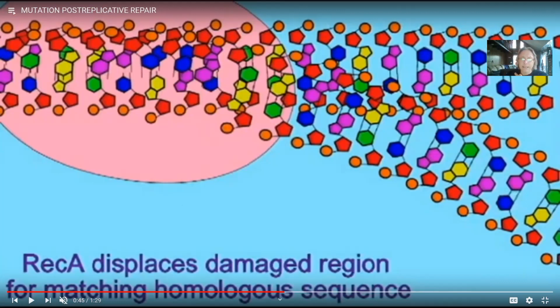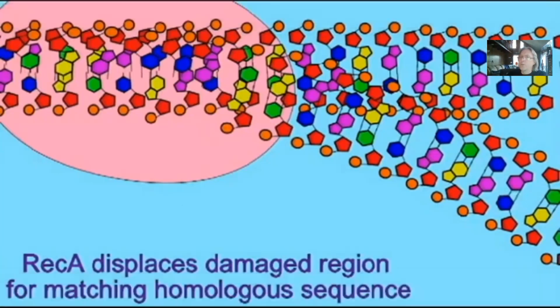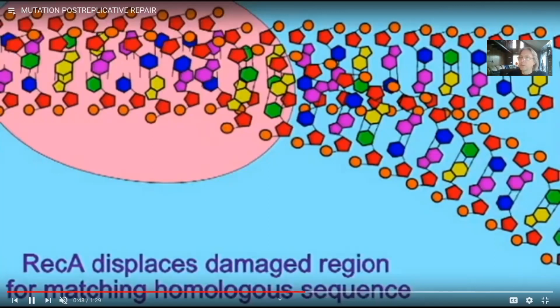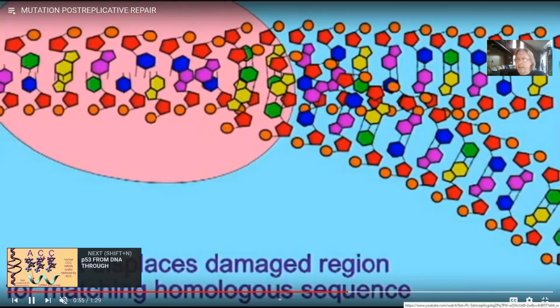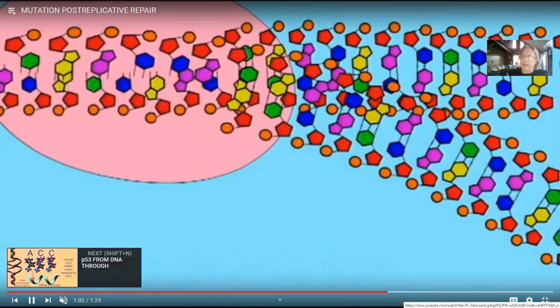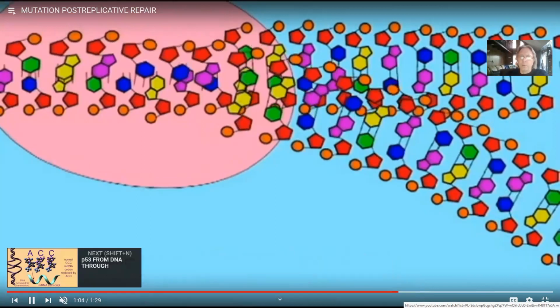So it's going to displace part of the correct sequence onto the damaged strand. So now there's a good copy on both of the two strands, and then later DNA polymerase will then add new nucleotides, and ligase will then repair them.